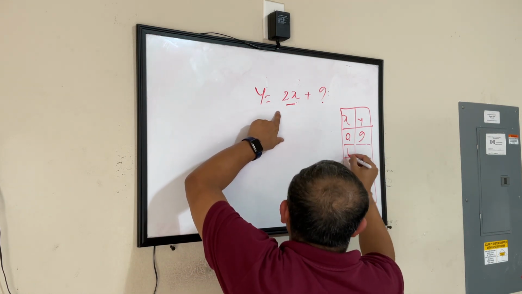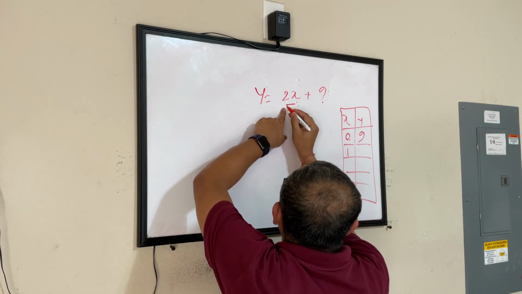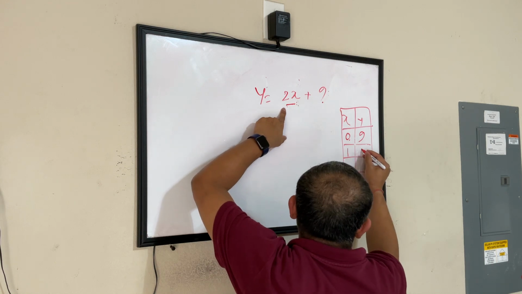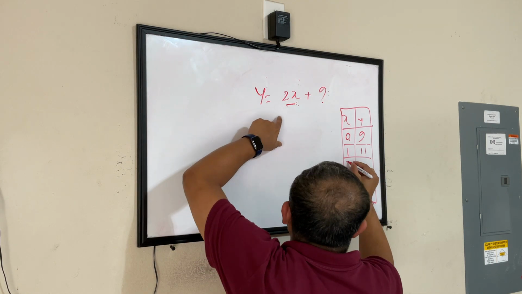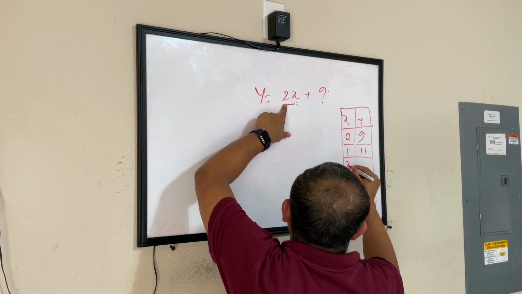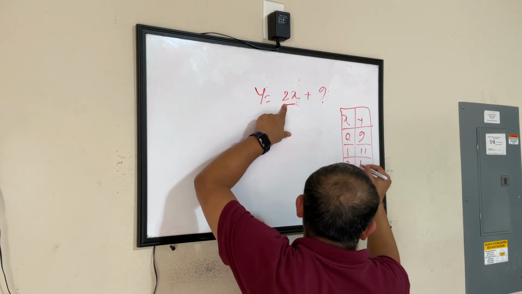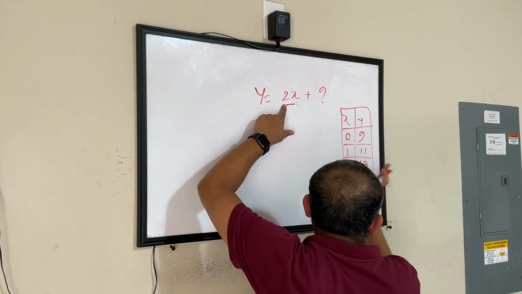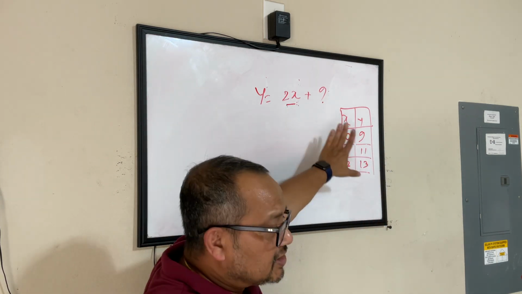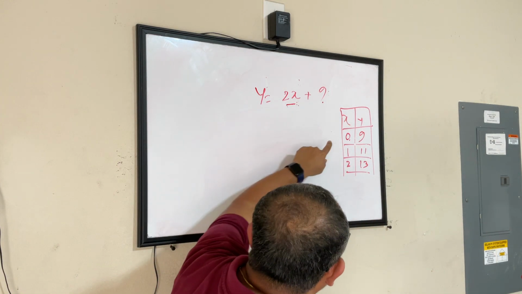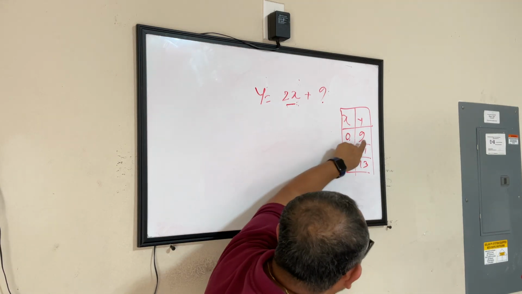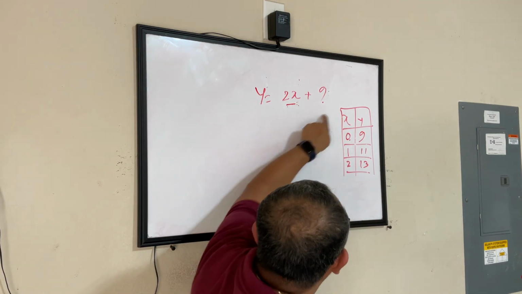If x becomes 1, what will be the value of y? This becomes 2 plus 9, y becomes 11. When I put x equal to 2, y becomes 2 times 2, 4 plus 9, 13. I'm just stopping here. So, see, this was the agreement between x and y. For every value of x, there is a corresponding value of y so that this condition is met.